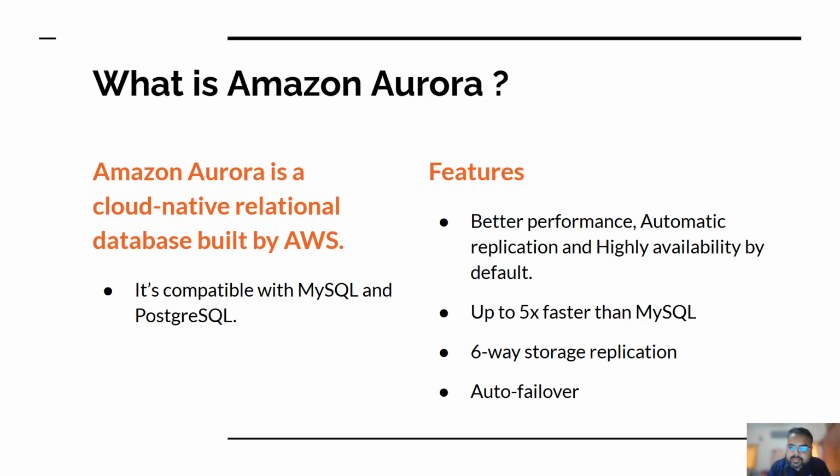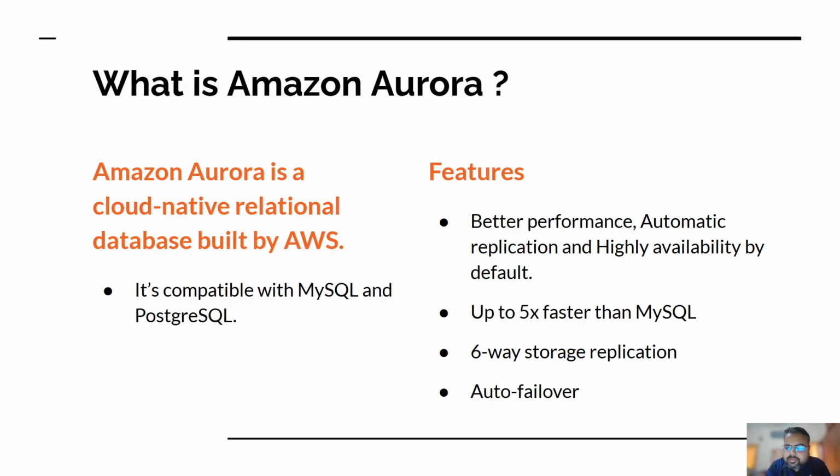If you look at this point, six-way storage replication, what it means is that Aurora replicates data 6 times across multiple availability zones, which means your data is highly durable and fault tolerant.